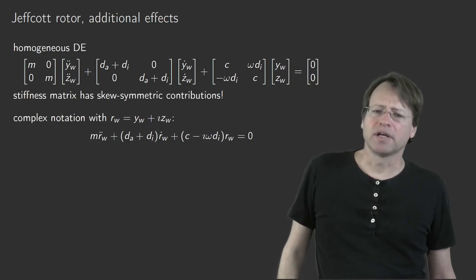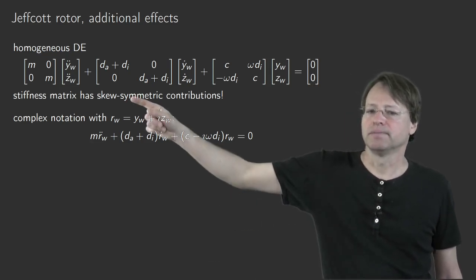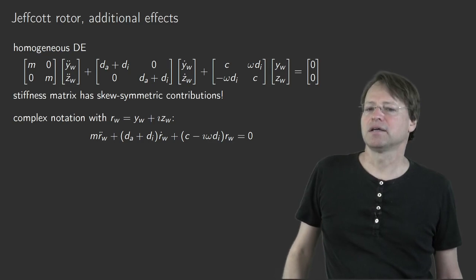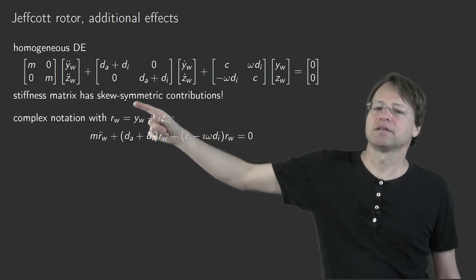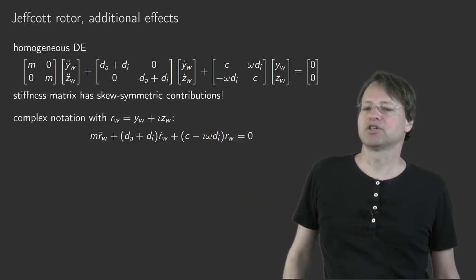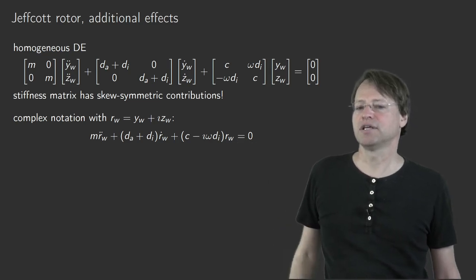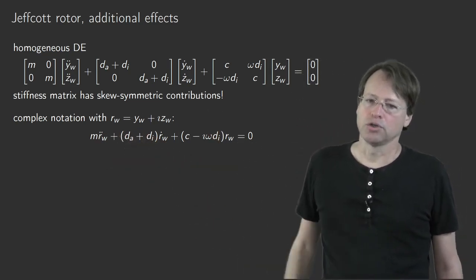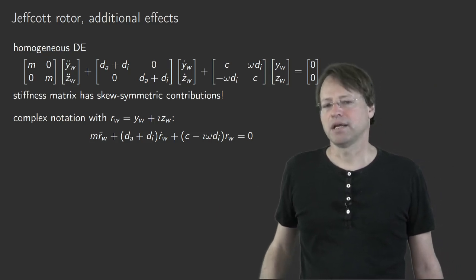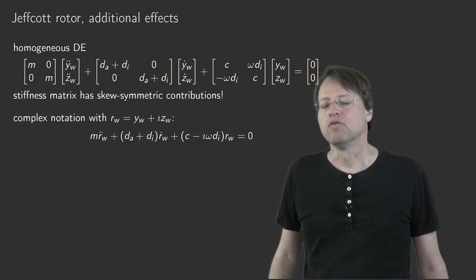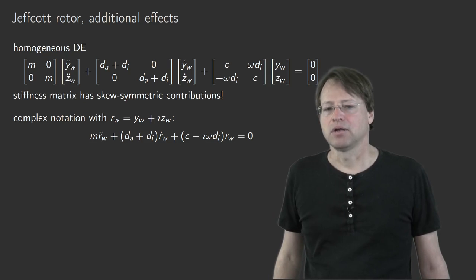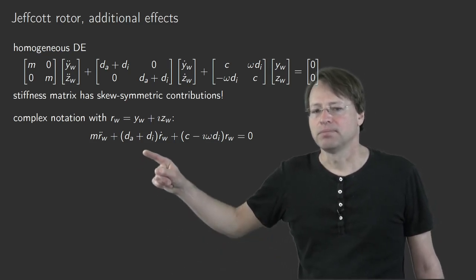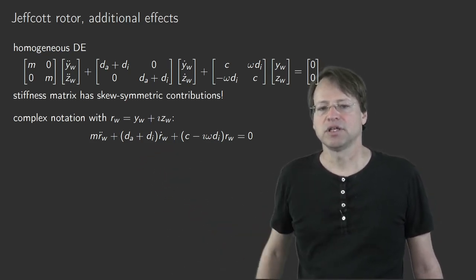If you look at that equation, then of course you see that just by multiplying the second equation by the imaginary unit and then adding up the two equations, we discover this inertia term that we saw already in that video for the complex notation. We obtain the damping term in complex notation.